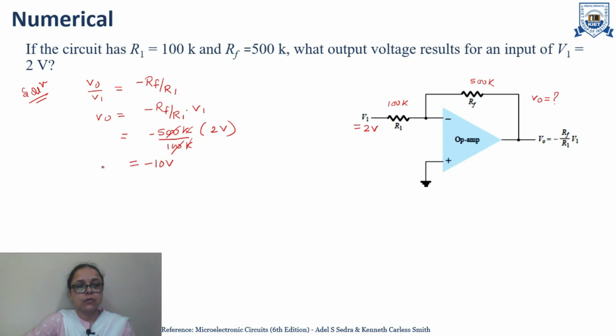So VO will be minus 10 volts. So we can see that the input was 2 volts and the output is 10 volts in magnitude, meaning we get the amplified version of the input, and the factor by which the signal is amplified is RF by R1. So the values of RF and R1 decide the gain of the inverting amplifier.